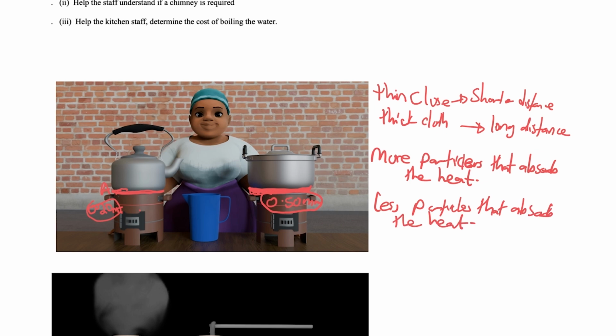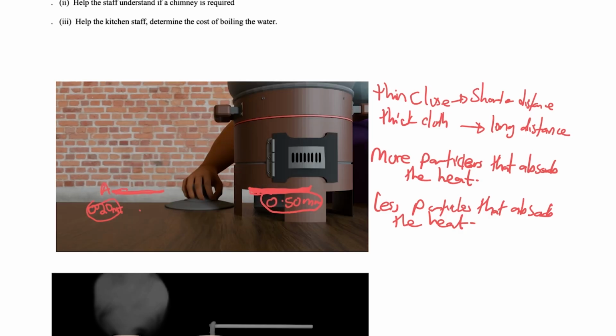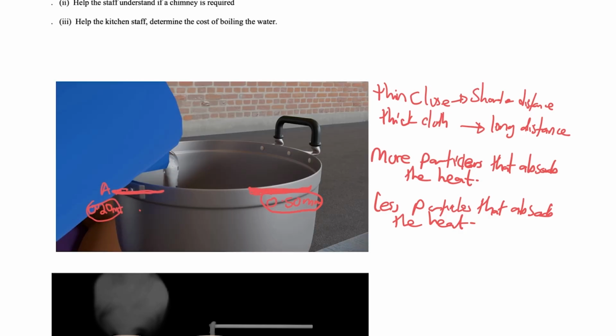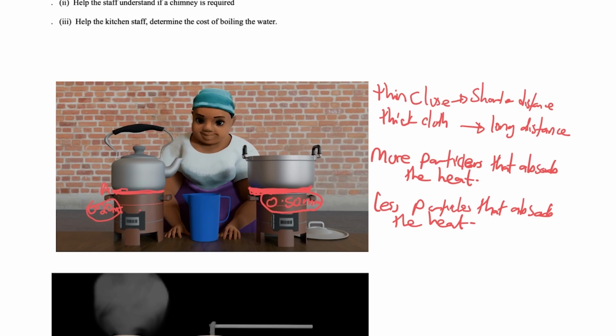So you will realize that in a thin saucepan, we shall have our tea getting ready faster, having steam produced faster than in saucepan B. So that is the challenge that we can address.